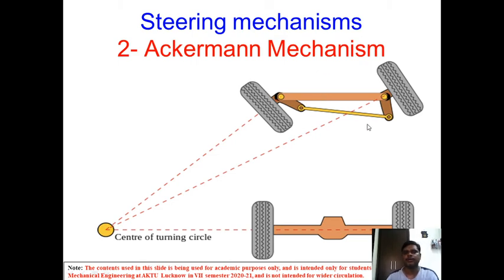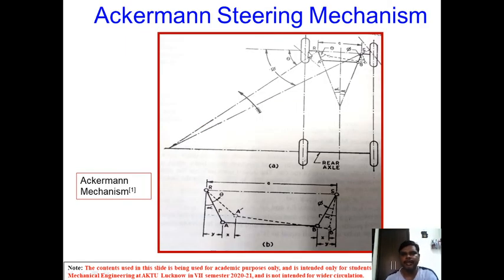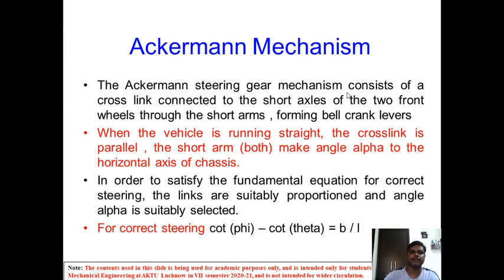Okay, so these form bell crank levers, this RA and this SB. But at R, at A, at B, and at S, we have turning pairs. Okay, in that case.